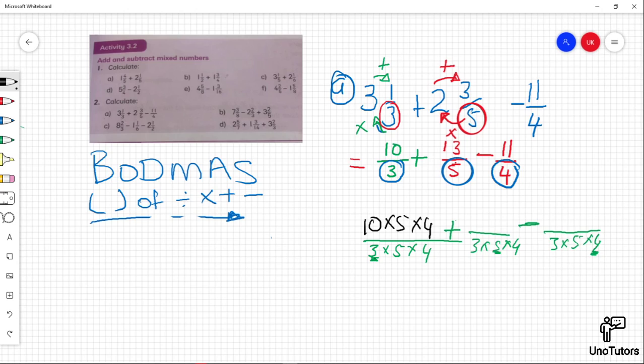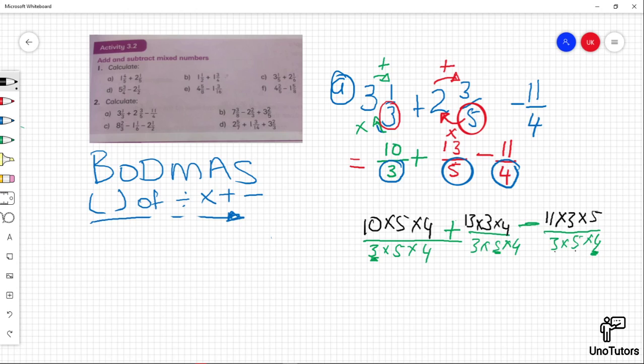Then here we take the 13 times the 3 and the 4, because the 5 was already there. And then here we take the 11, times the 3, and times the 5. The 4 was already there.